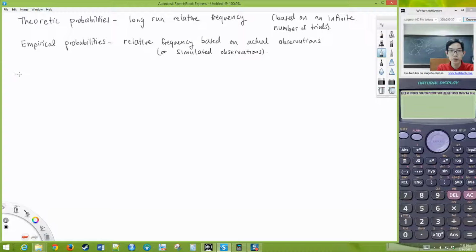So for example, the theoretic probability for a coin flip, the probability that we get heads, is equal to 0.5. The empirical probability, on the other hand, would be based on actual observations.